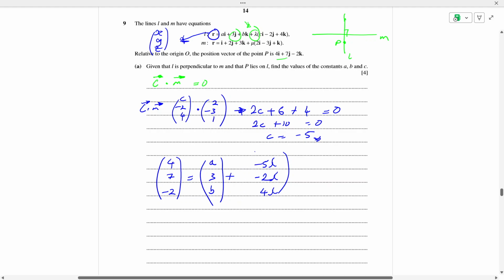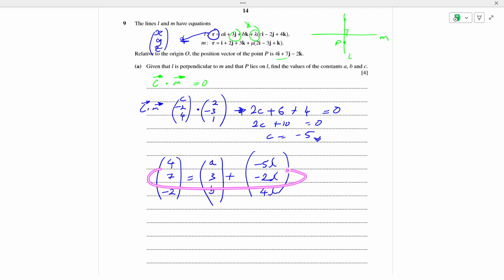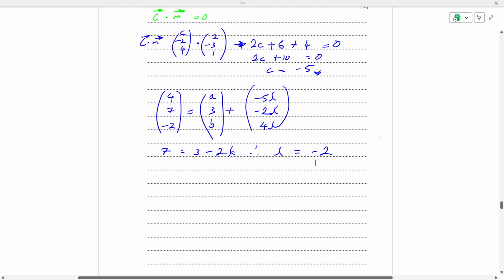Okay, so we can use the second row to find what lambda is, since it's complete. So we have 7 is equal to 3 minus 2 lambda, right? Therefore, lambda is equal to -2. Right, it's just as simple.